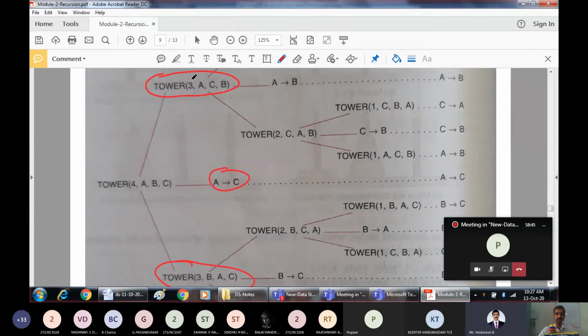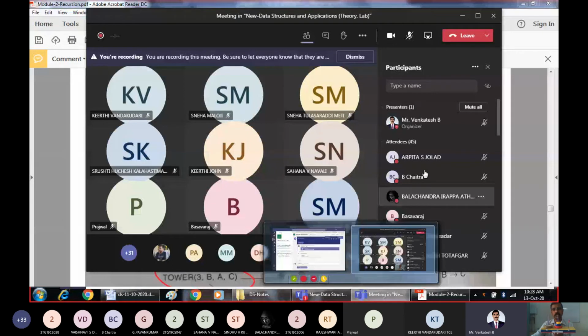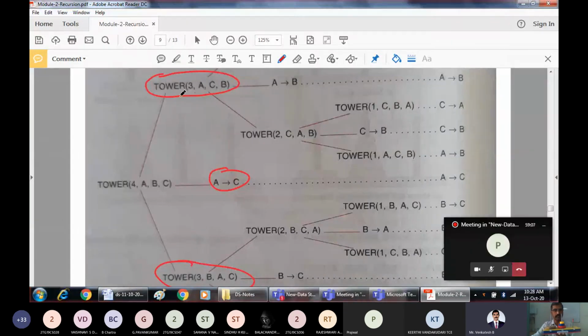Move these top n minus 1 disks from where to where? From A to B. Please concentrate. I hope you can see. I'll just tilt it. This one is recursively called.